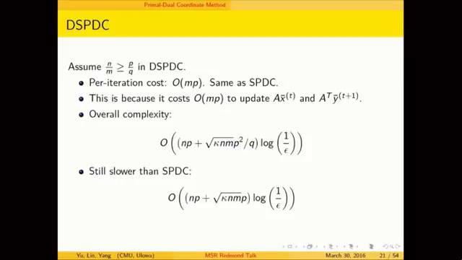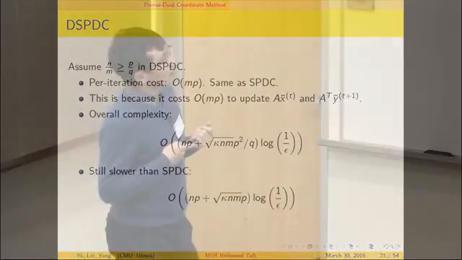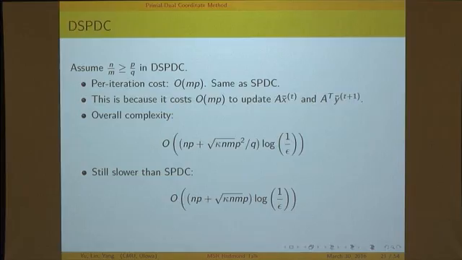And for the per iteration cost, SPDC has m times p, but the SPDC also has m times p. That means the overall complexity of the SPDC is this.